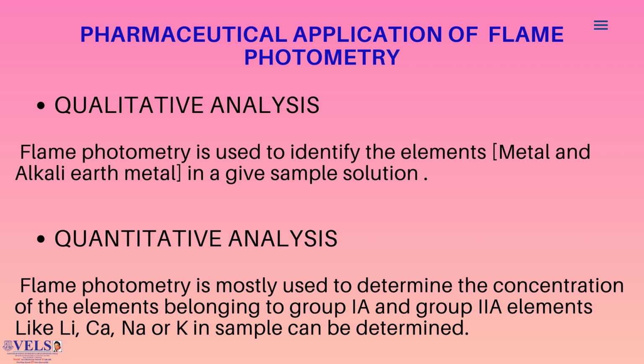From the flame color itself, we can know which type of metal is present in the sample solution. In quantitative analysis, flame photometry gives the intensity of emitted radiation, and from the intensity value we can calculate the quantity of the unknown compound present in the sample solution.